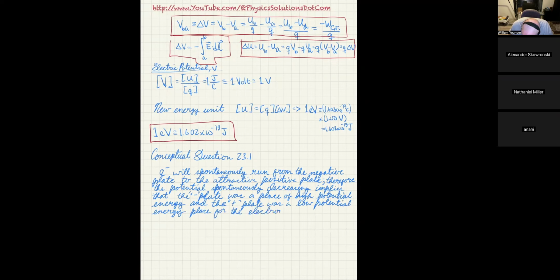And again, that's because, well, that's just naturally how it has to be, but it's partly because of the fact that the electron's a negative charge.